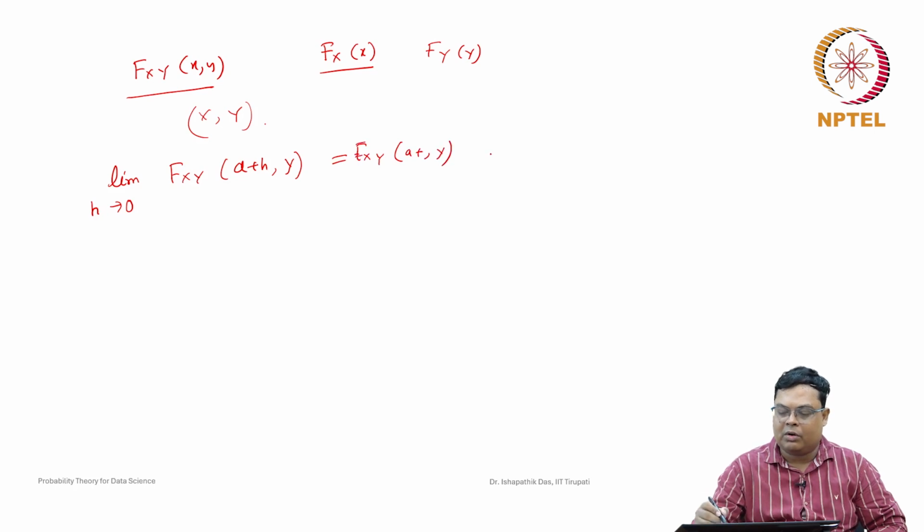This value may or may not be equal to F_XY(a, y). If it is equal to exactly that value, this function is right continuous.